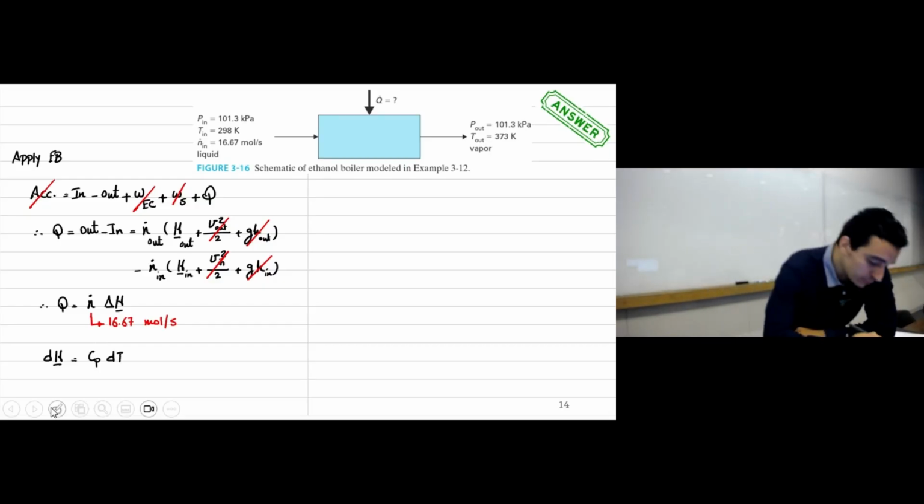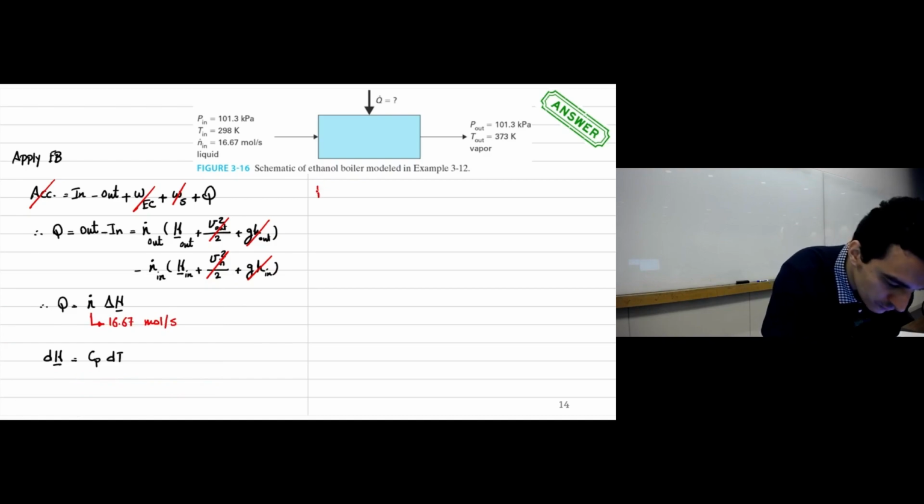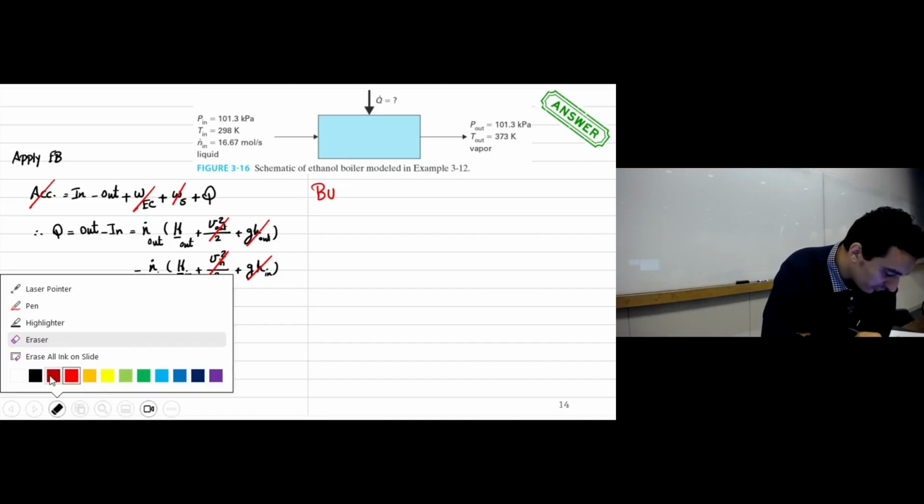But, and this is very important to note, in all the previous examples we had only one phase.